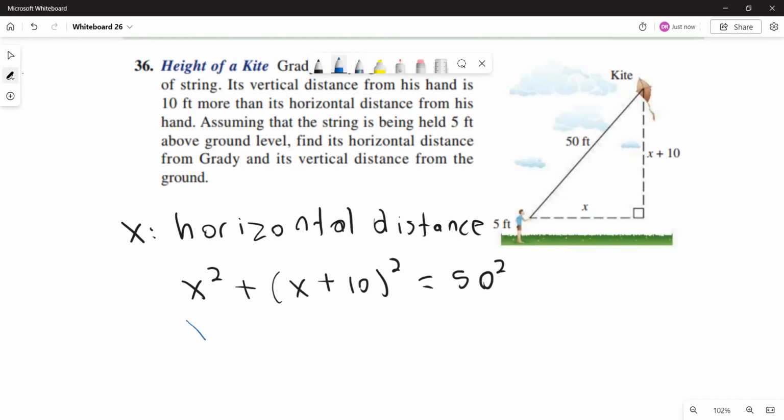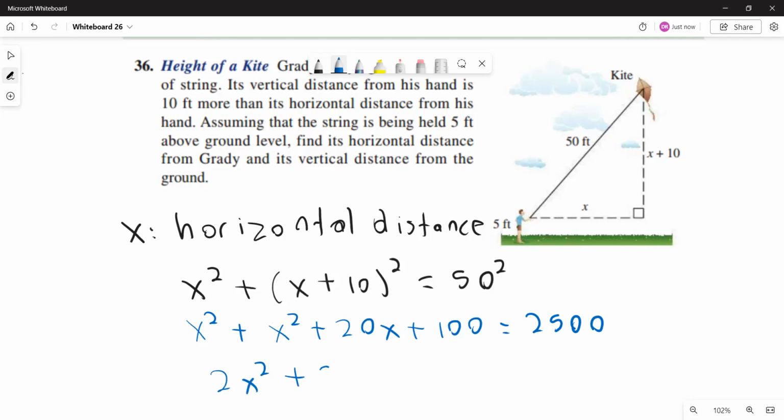So that's X squared plus X squared plus 20X plus 100 is equal to 2,500. Okay, so X squared plus X squared is 2X squared. And 100 minus 2,500 is going to be minus 2,400.